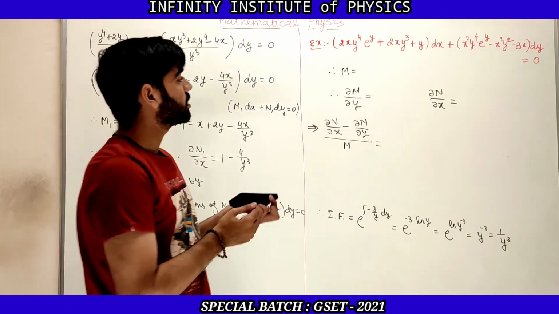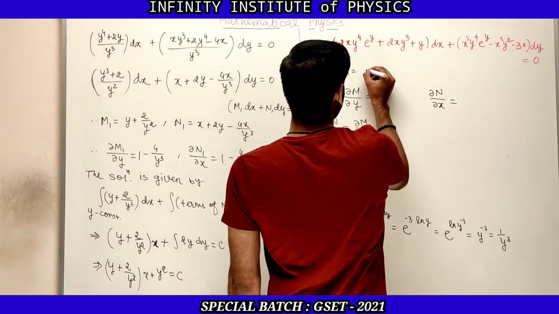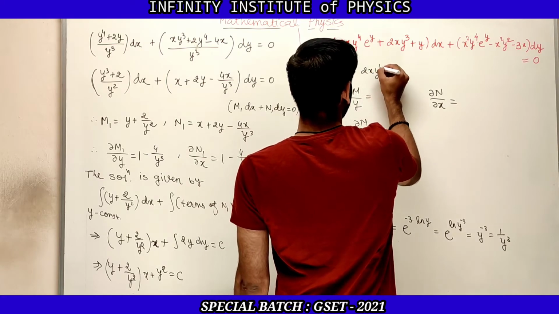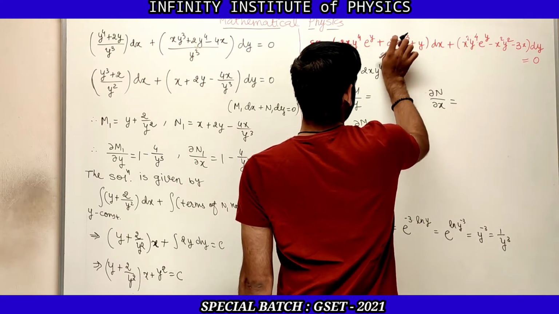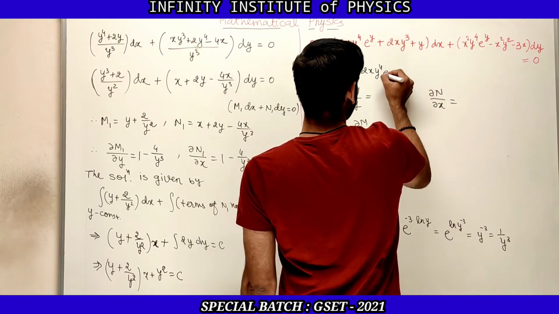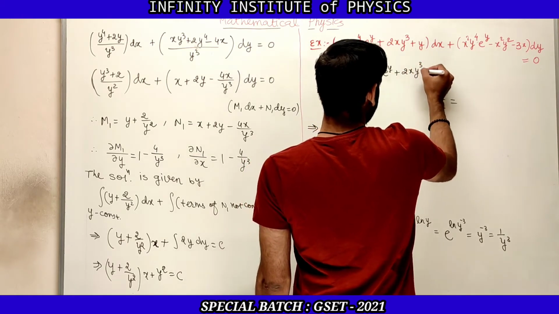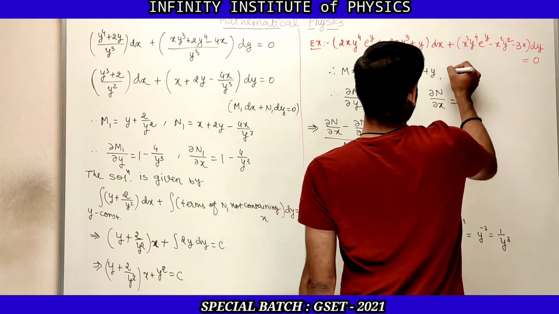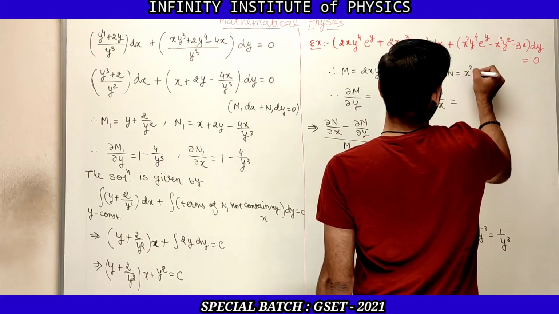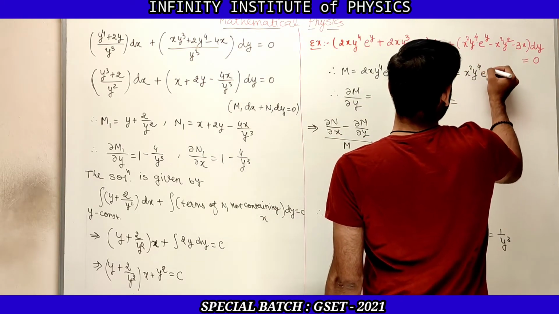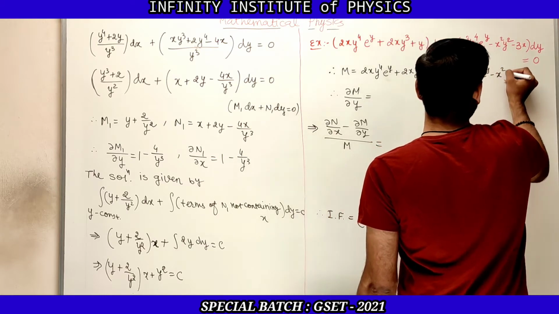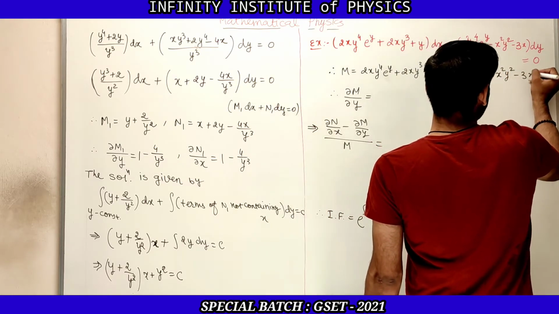So here M is 2xy raised to 4 e raised to y plus 2xy cube plus y, and N is equal to x square y raised to 4 e raised to y minus x square y square minus 3x.